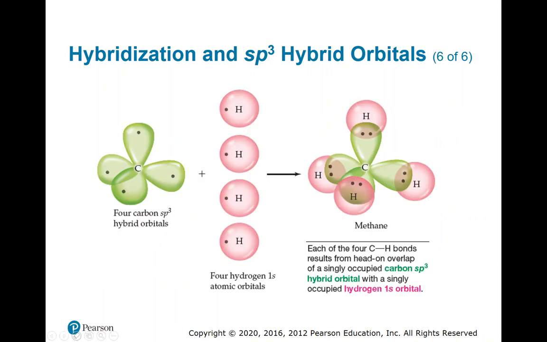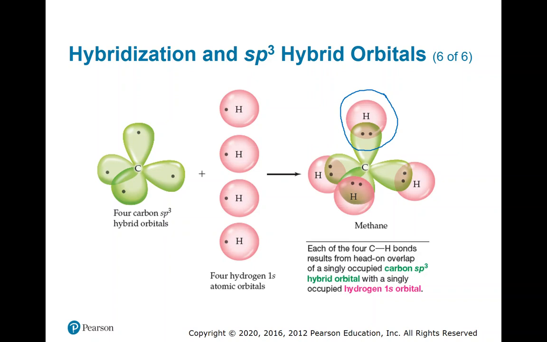Once we take into account that we have those 4 sp3 hybrid orbitals, and they each contain 1 electron, now you can see how we can pretty easily take our hydrogen atoms with their 1 electron and overlap them directly with one of these orbitals. Since we have 4 orbitals on carbon and 4 hydrogens with their 1s orbitals, we end up with 4 bonds of the type that you see here.